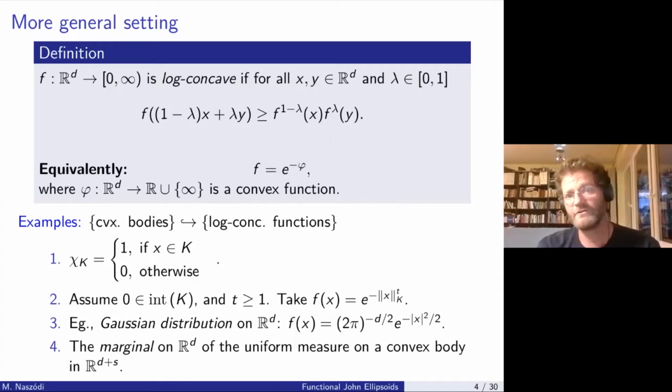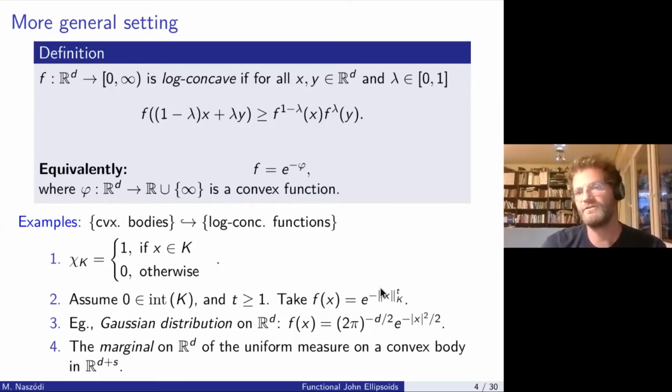Another way to do it is to take a convex body which contains the origin in the interior, and take some exponent t. Imagine t equals 1 or t equals 2, let's say, and you consider this function. Now look at the second form of logarithmically concave functions. It's e to the minus phi, where phi is a convex function.